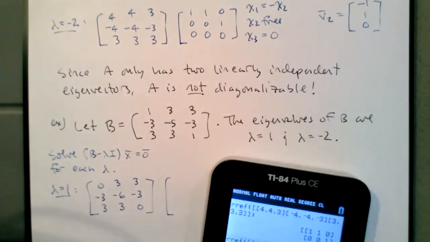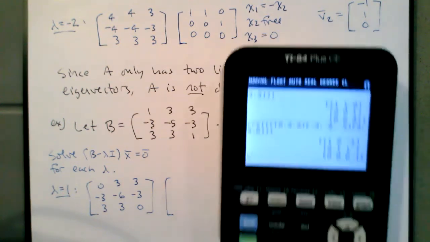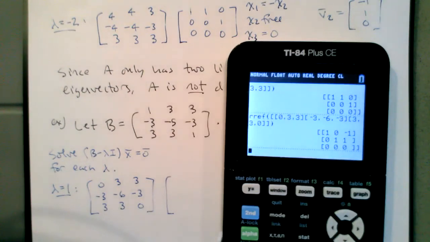So let's find out. So we got 0, 3, 3, -3, -6, -3, 3, 3, 0. Yep, this is only going to be a one-dimensional eigenspace.